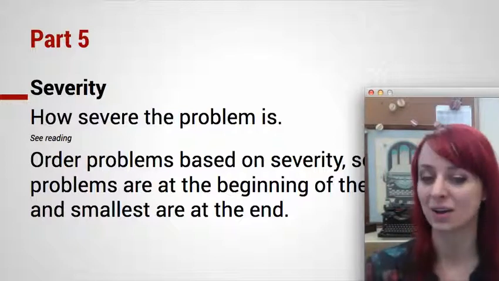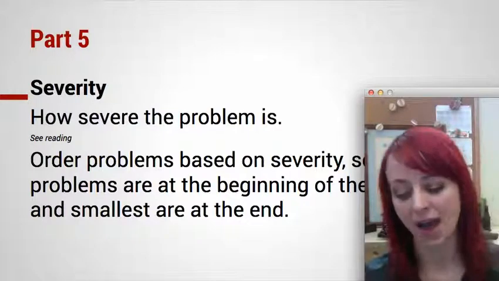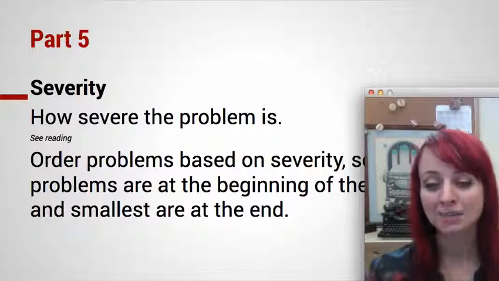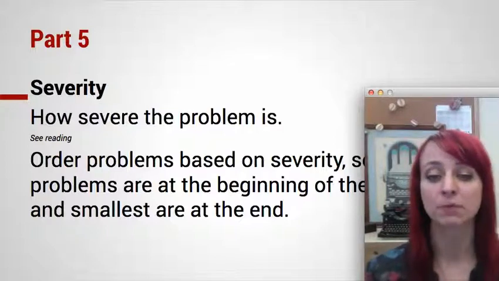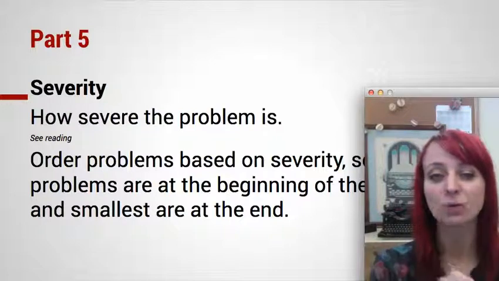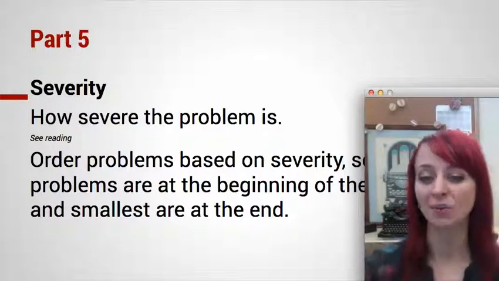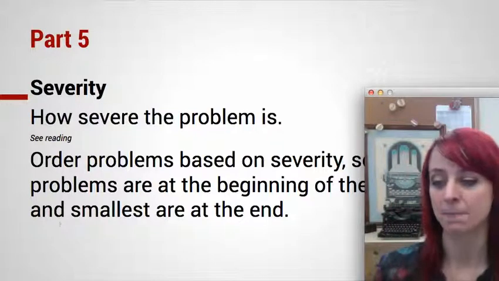What's critical to fix? So going back to when I worked at the CMD, if we got 10 pages of problems and we only had time to fix a few, if the problems were ranked by severity, we could just literally rip the first few pages off that document, fix those, and ignore the rest. So you want to order them based on severity.